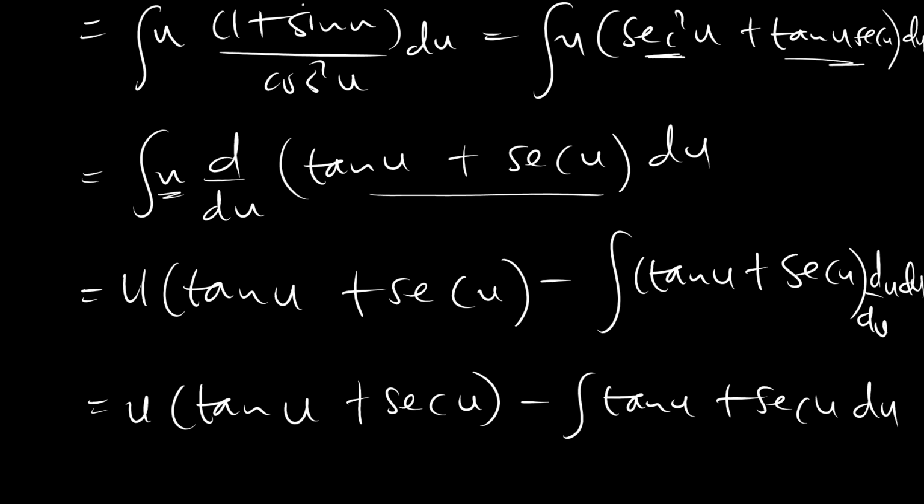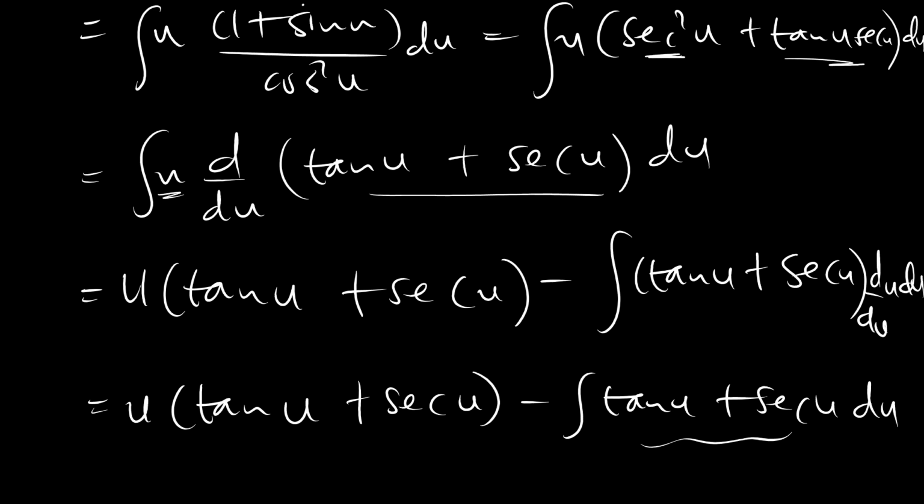So these are pretty straightforward integrable functions. The integral of tangent of u is minus the logarithm of cosine of u. Some people like to put absolute value signs around it. The integral of secant of u is the log of secant of u plus tangent of u.